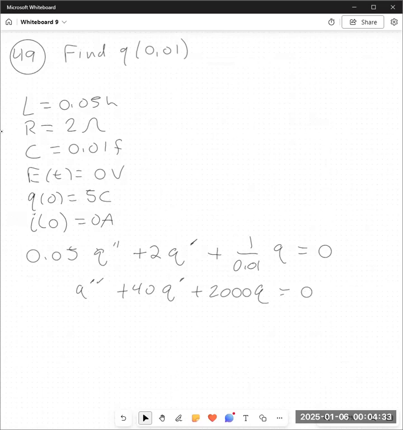And I'm going to go ahead and find my auxiliary equation, m squared plus 40m plus 2000 is equal to 0.